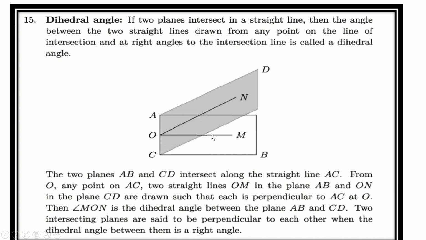But this line and this line are both perpendicular to AC, because this angle and this angle are 90 degrees. So the angle MON, that means this angle, is a dihedral angle. That means this angle is made by two planes. Clear?